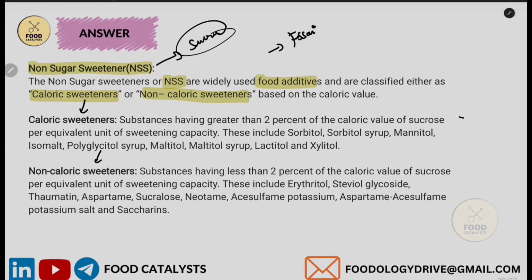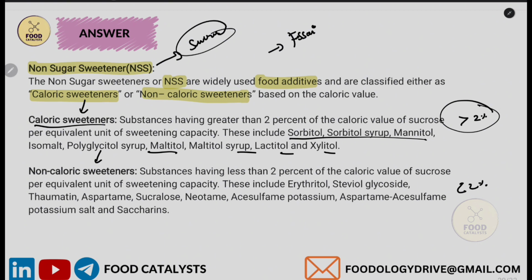Substances which have greater than 2% calorific value are considered calorific sweeteners. Substances which have less than 2% calorific value are called non-calorific sweeteners. They have given examples. All the sugar alcohols, and then maltitol syrup, lactitol, xylitol and all, are actually calorific sweeteners.